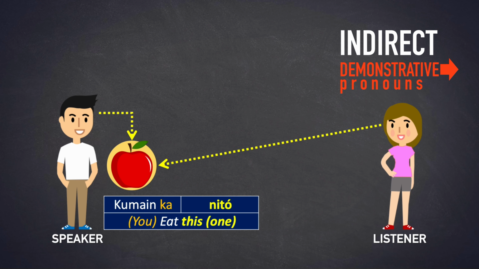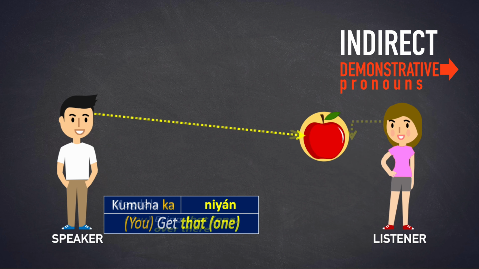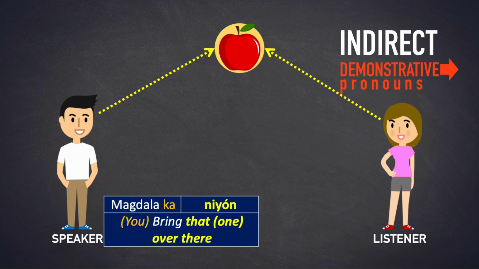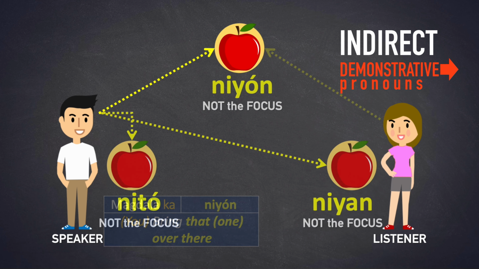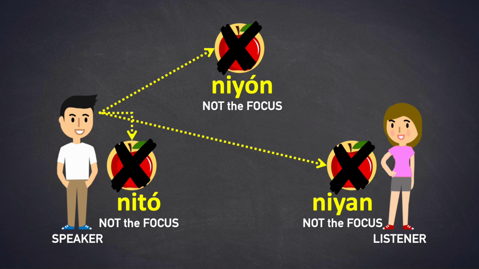Let's try the indirect demonstrative pronouns. Here goes. Kumain ka nito. Eat this. Kumuha ka niyan. Get that. Magdala ka niyon. Bring that over there. If you still remember our lesson on indirect markers, these work the same way. The object of the sentence is not the focus of the sentence.